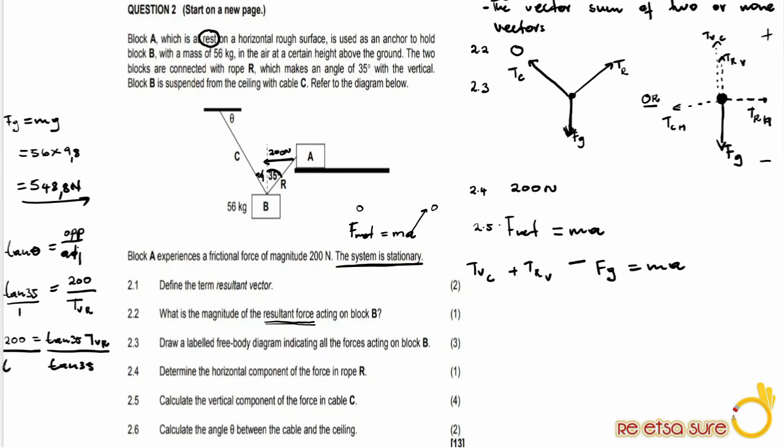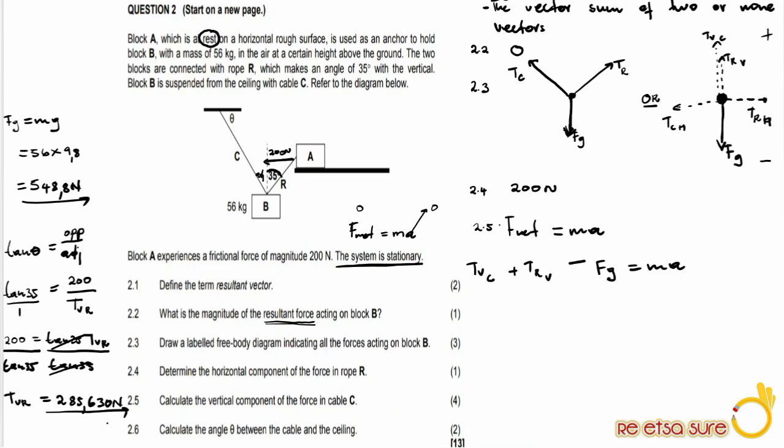Tan 35 cancels tan 35, and then TVR is equivalent to 200 divided by tan 35, and my answer there is 285,630 Newton.